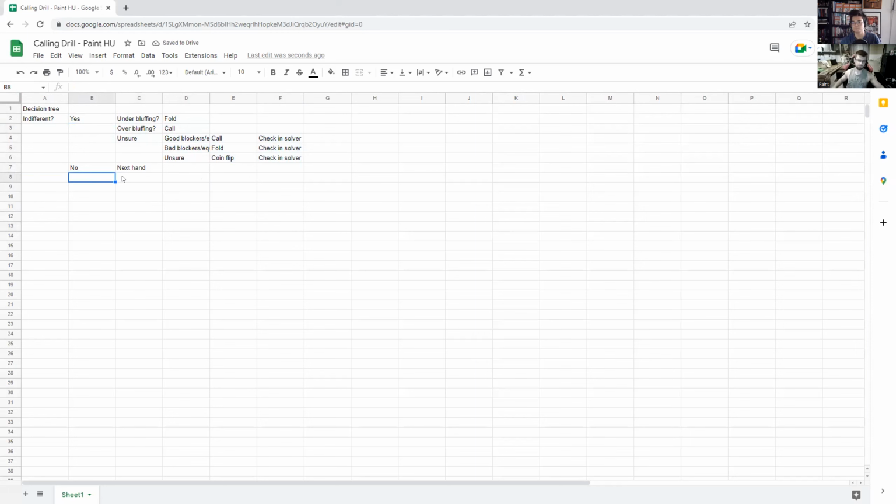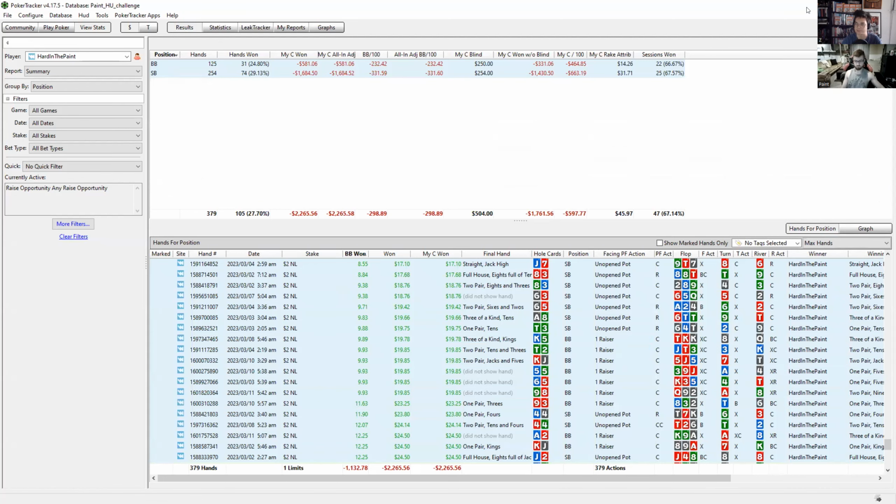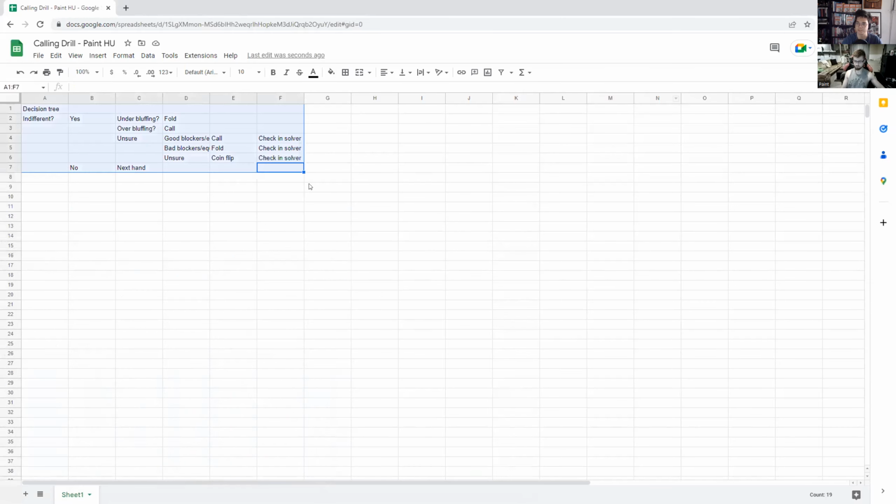Yeah. Okay, so for this drill, what I want you to do is go through all of this for a bunch of the hands that we haven't talked about, and then once you get to the end, you check in the solver, and I want you to copy and paste the hand history in the solver, and then your decision, and how that compared to the solver, whether you got it correct, whether you got it wrong.